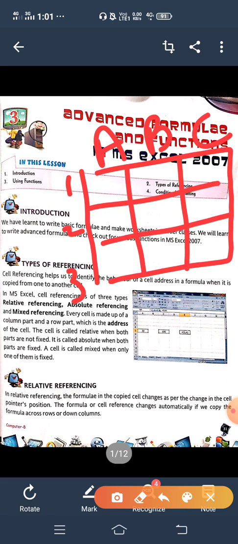These A, B, C are columns. 1, 2, 3 are rows. The horizontal lines are known as rows, and the vertical ones are known as columns. Okay, is it clear? Now let us talk about the cell.